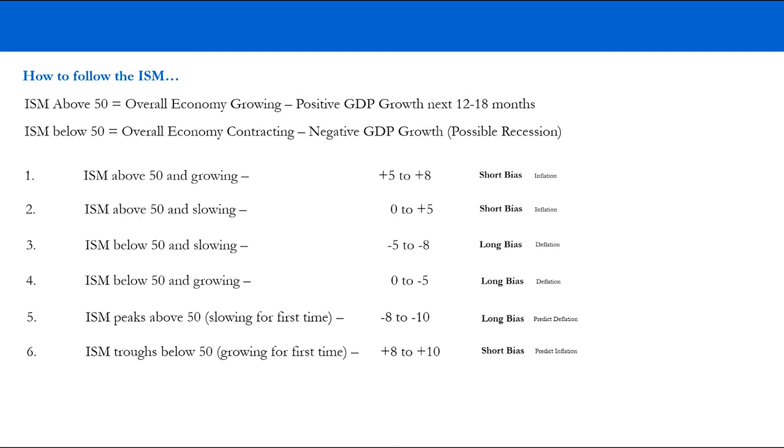So the principle to get here is that when the ISM peaks, things basically can't get any better. We can't grow faster than this rate. And if we can't grow faster, then the only way is down. The only way is deflation.